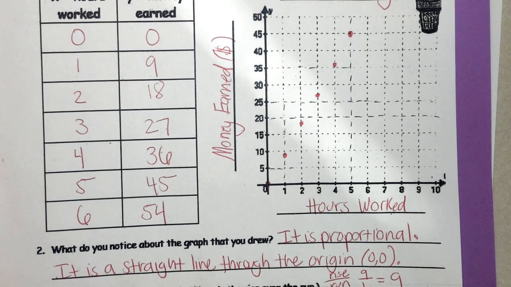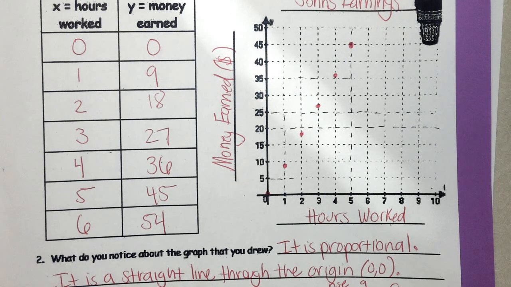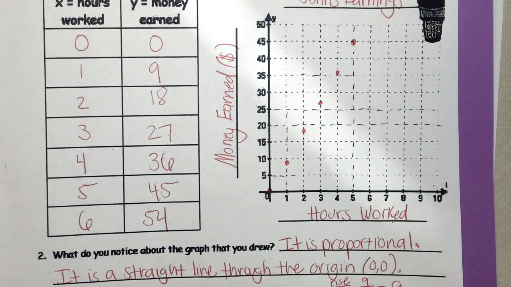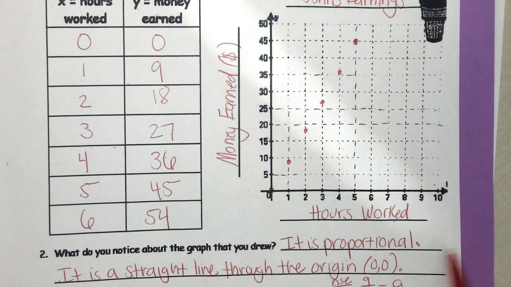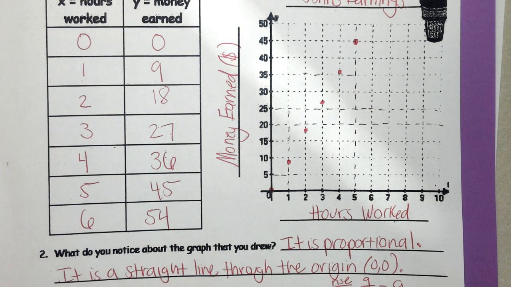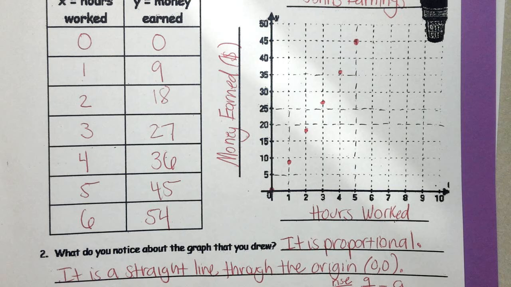What does it mean if it is a direct variation? Look at what we've done so far. What did you notice about this relationship already? Hallie, what did you notice about this already?